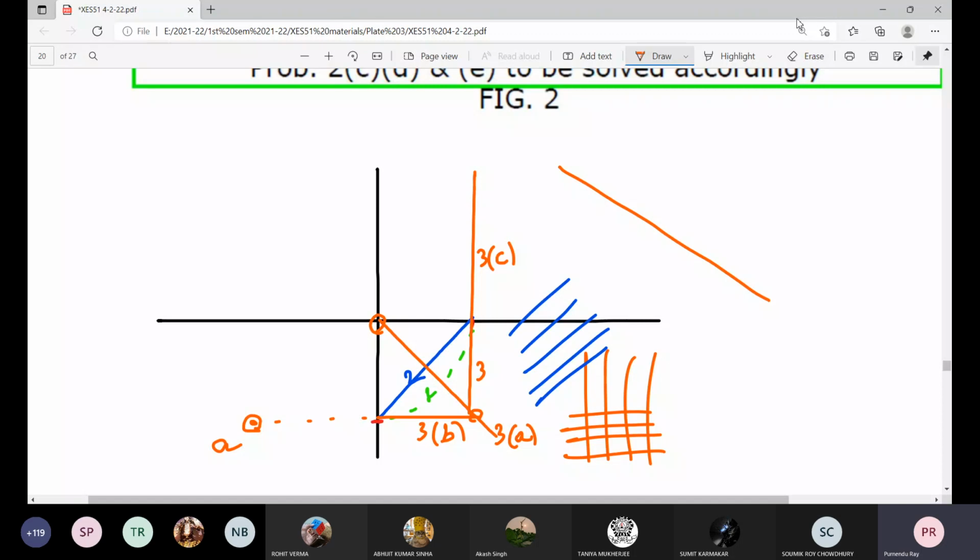Then for 7 points in plan A, B, C, D, E, F, G: for A, horizontal line, vertical line; for B, horizontal, vertical; for C, horizontal, vertical. It's very simple. So it depends on the situation what method you should adopt. For 1 or 2 points, you take 2 circular arcs or 2 blue 45-degree lines.